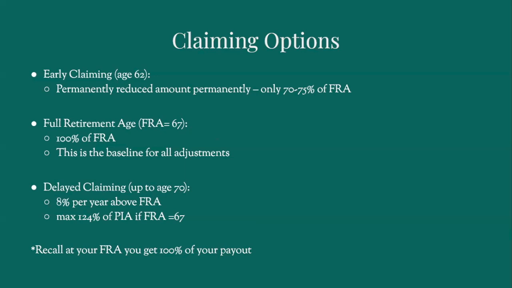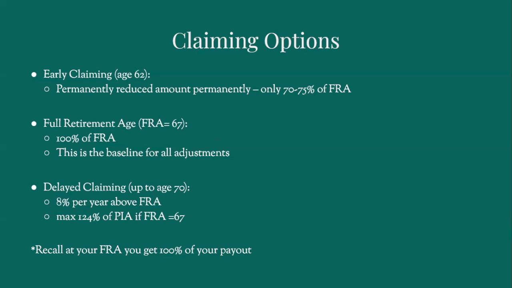If I delay to age 70, I'm going to get 8% per year above my FRA. Assuming my FRA is 67, every year I delay, I get an 8% increase. So I can get up to 124% if I delay to age 70.